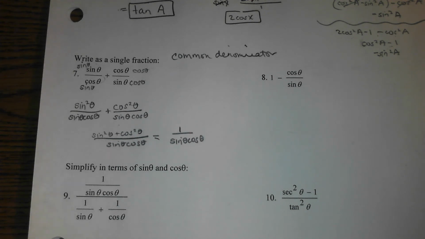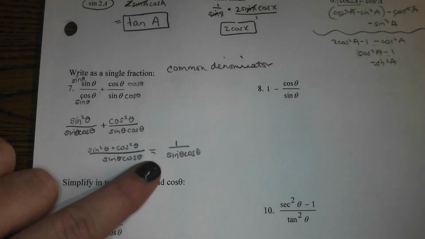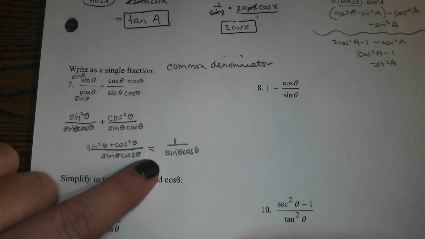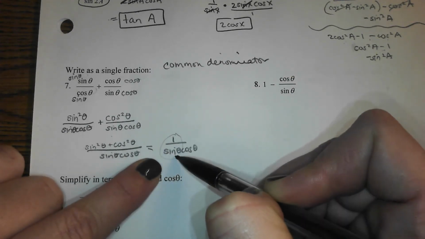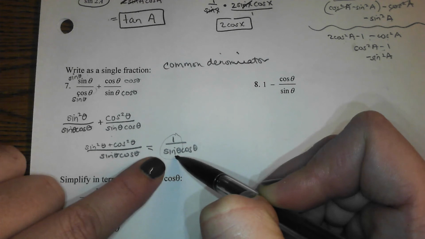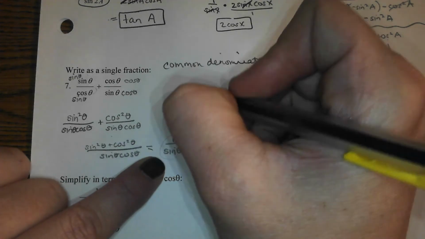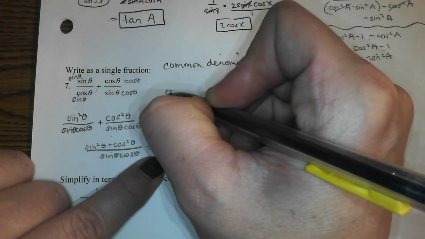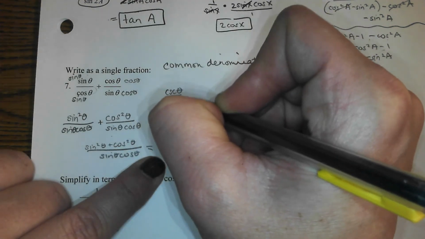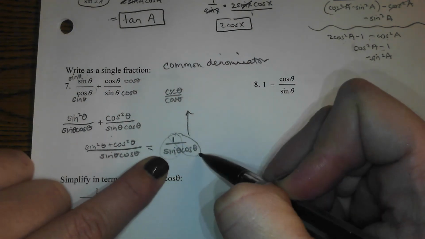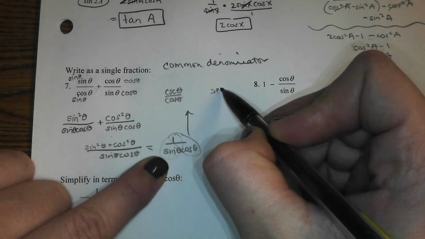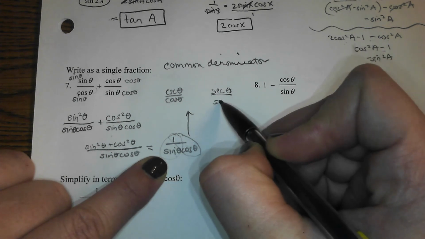Now, I would probably stop there, but there is the potential you could go one of two ways with this. You could treat your 1 over sine as a cosecant, so it could become cosecant theta over cosine theta. Or instead you could treat your 1 over cosine as a secant theta and keep the sine in the denominator.